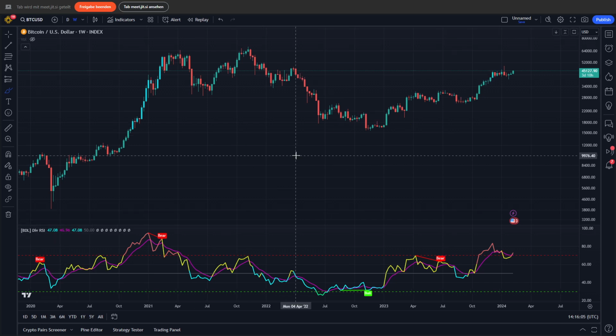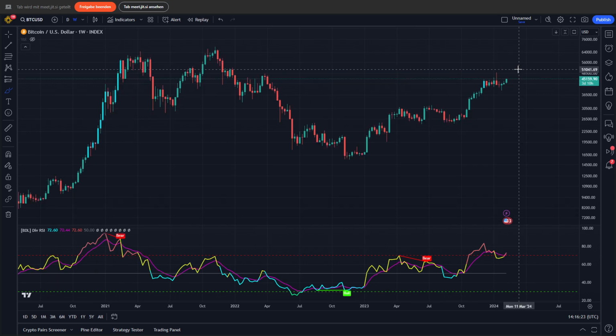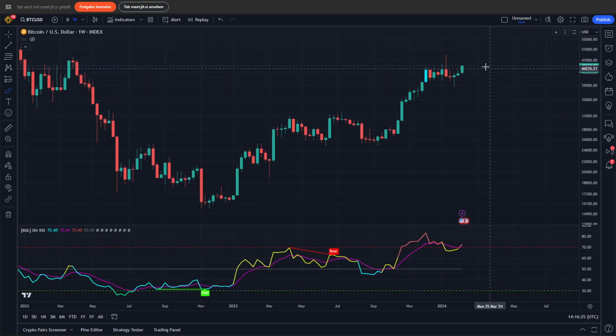If we close this week, because we still have 3 days left, we have just broken a range that we've been in for 8 or 9 weeks already. So if we get a candle close above this range, then it looks very good.